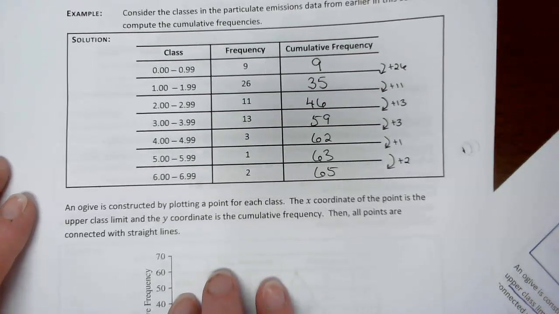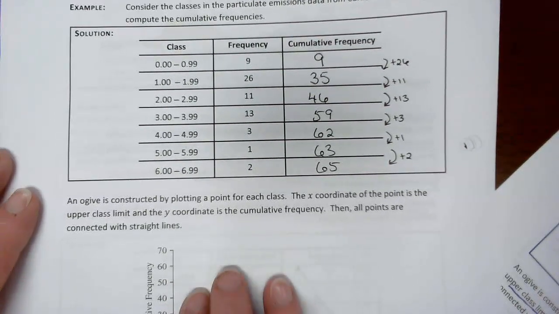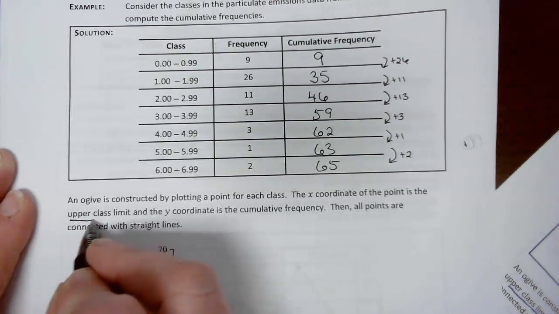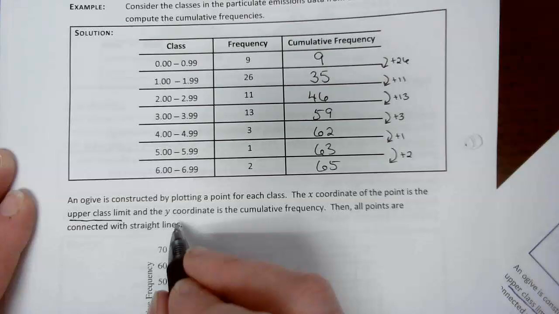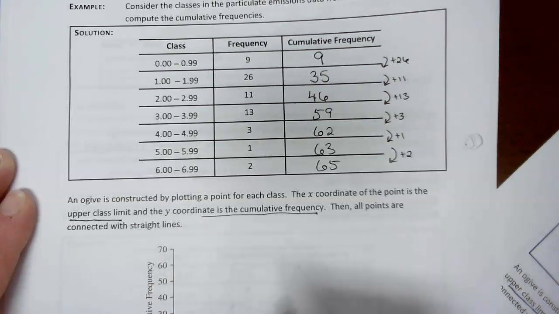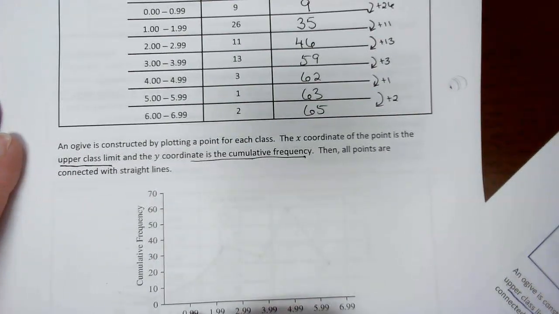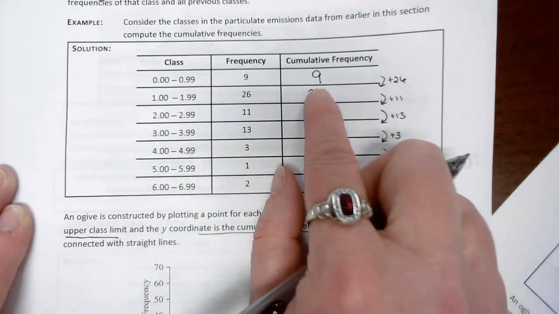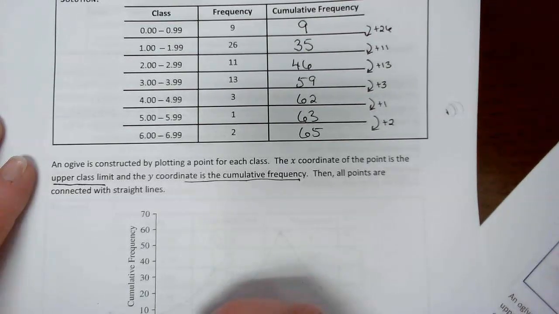An ogive is constructed by plotting a point for each class. The x-coordinate of the point is the upper class limit, and the y-coordinate is the cumulative frequency. So this is going to be the upper class limit, and we're going to put the dot at the cumulative frequency. So at 0.99, we're going to be at 9.